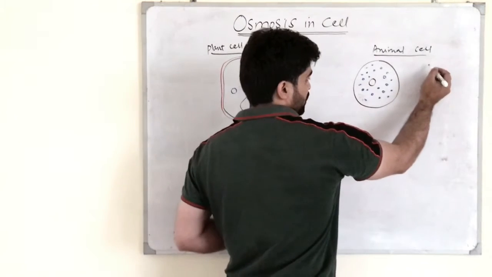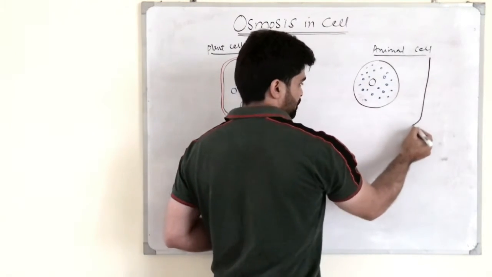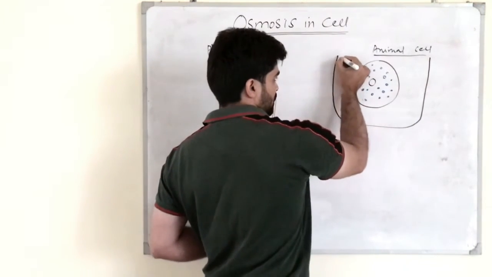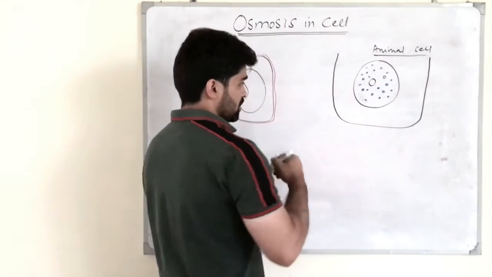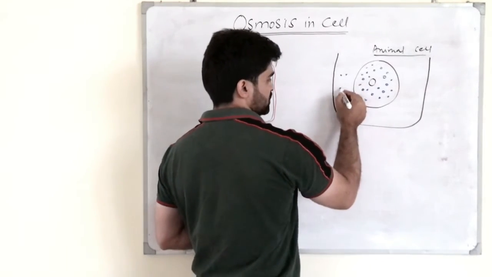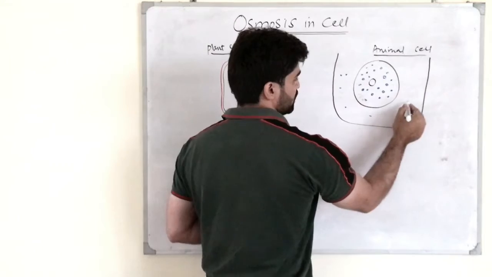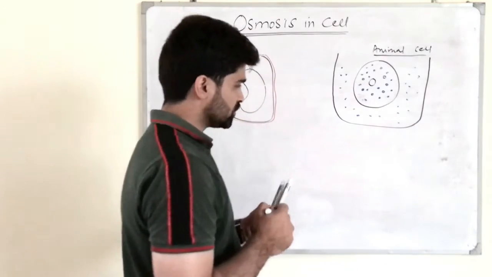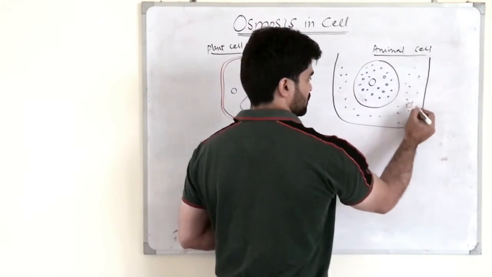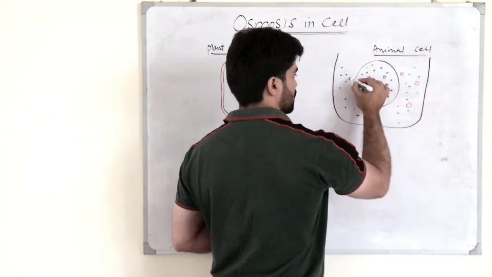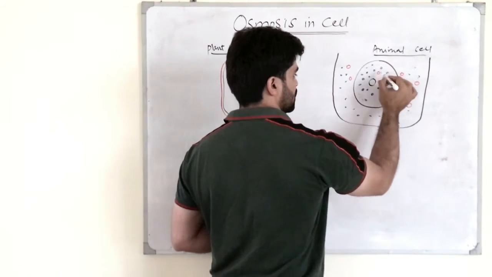We are going to learn it with an example, on the animal cell. That animal cell is placed in a solution, and that solution has some solutes in it. Red solutes are also present inside the cell.